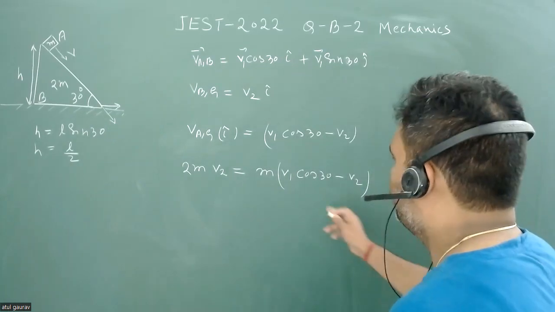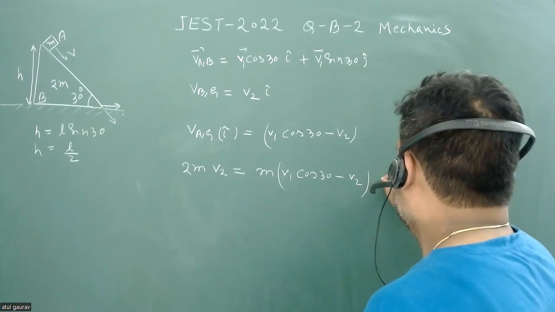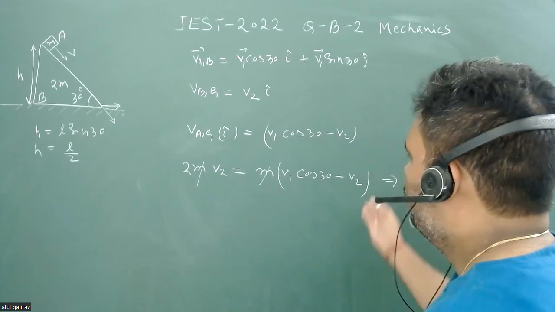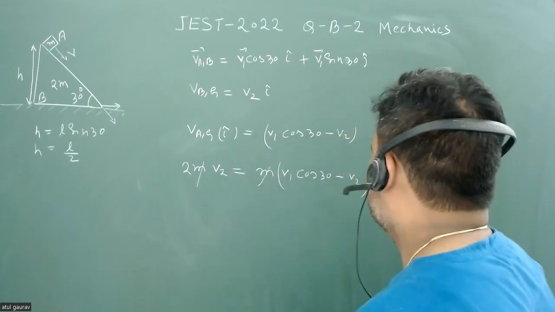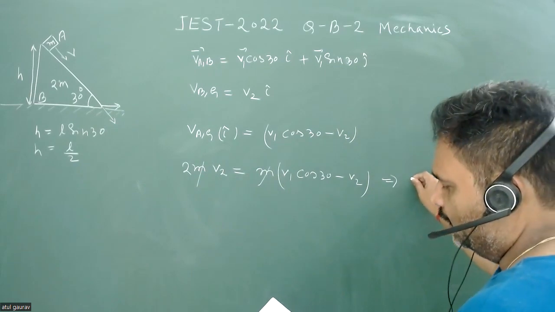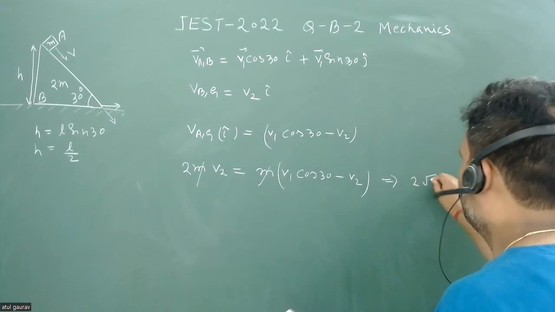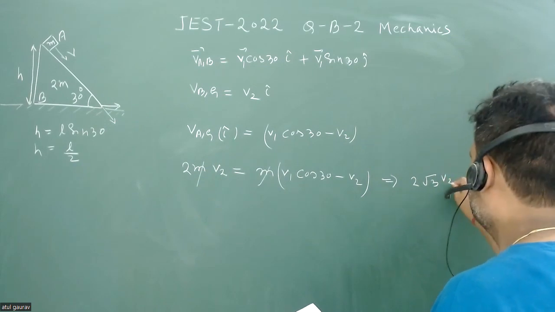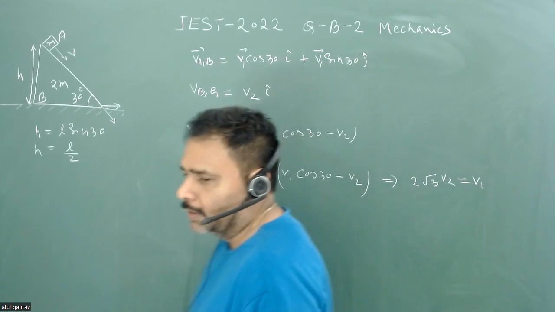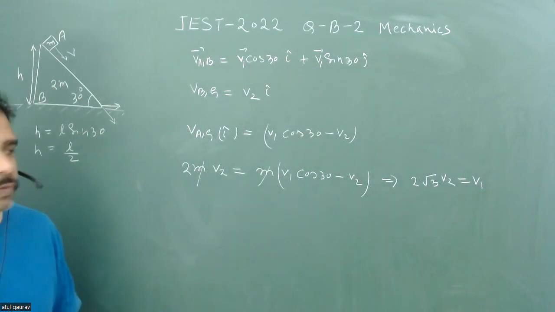The m cancels out, and V2 goes to the other side. The relationship is 2 root 3 V2 is equal to V1, since cos 30 is root 3 by 2.